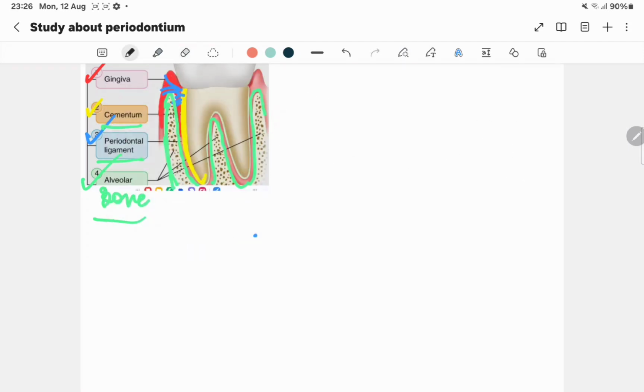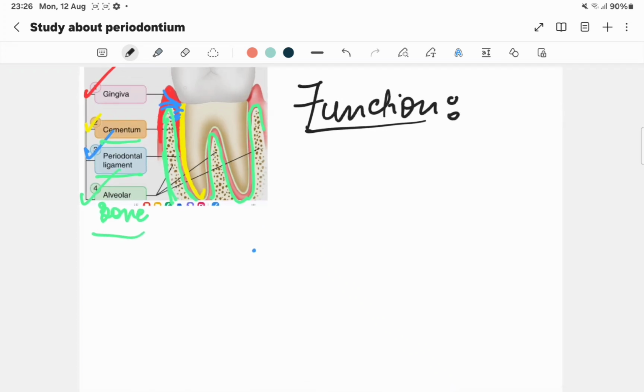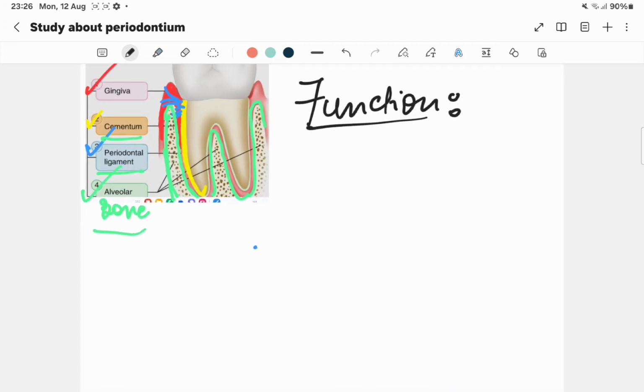Coming back to the topic, now what is the function of your periodontium? All these four things together, these are specialized tissues. So first function, what you can see here is this tooth is attached to these structures.